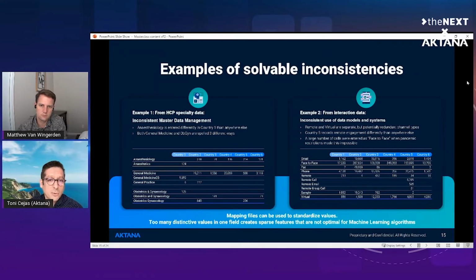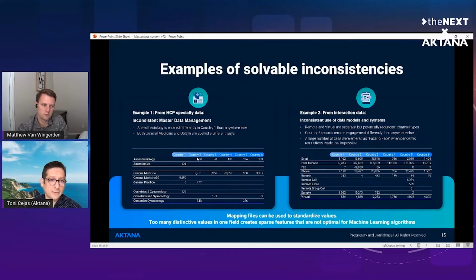And these are two examples of inconsistencies that we found in different areas. Example one is coming from the HCP specialty data, and the root cause is inconsistent master data management. If you can read the table below, it's a bit small, but you can see that the same specialties have different names across different countries.